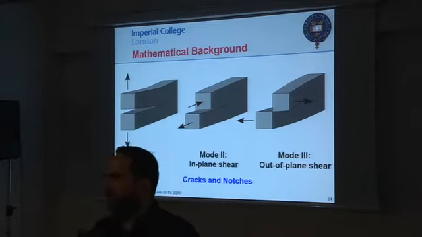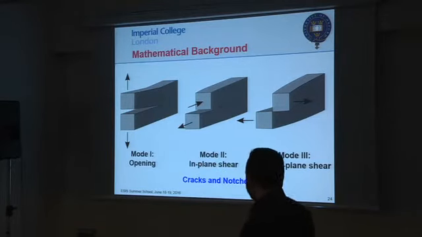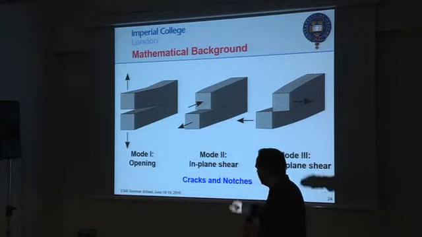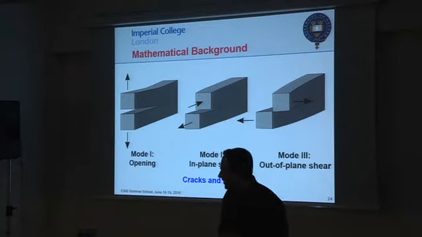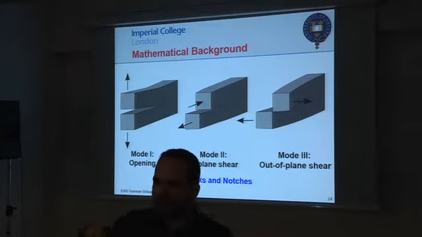And you've actually seen it yesterday, because I'm sure Sylvie has done a good job at telling you about fatigue and cracks and so on. Right, so if you have a crack, or a notch in reality, mode 1 loading is when you load the sample in a way that opens up the crack.